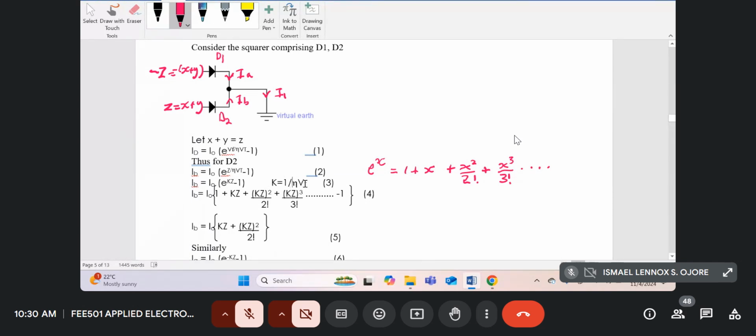Where k is equal to 1 over eta Vt. So from equation 3, I can write that I_B is I naught e to the kz minus 1.